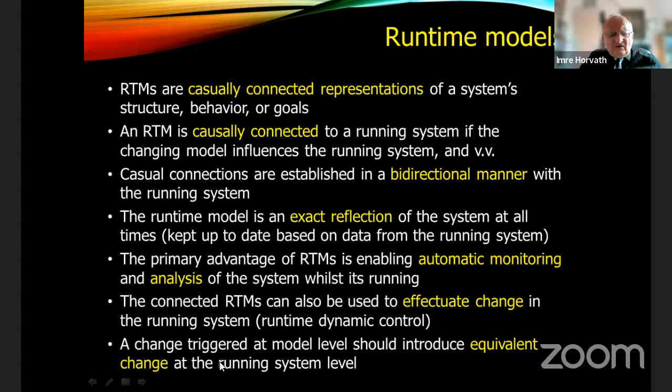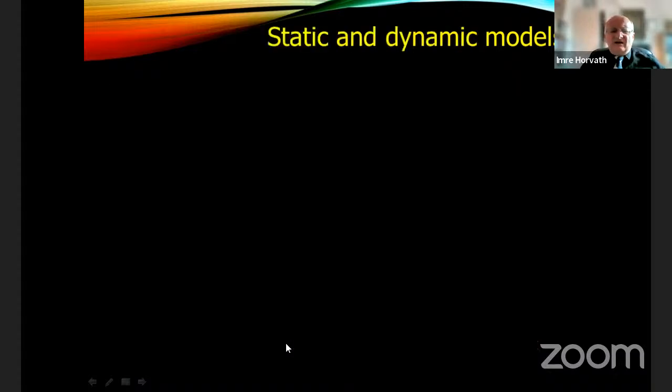On a model level, a particular change should have an equivalent change in the running system and vice versa, but the change, first of all, should be negotiated on the system level and then downloaded to the constituents of the system. This is how runtime models are used.